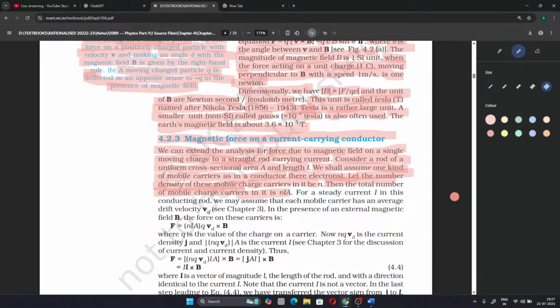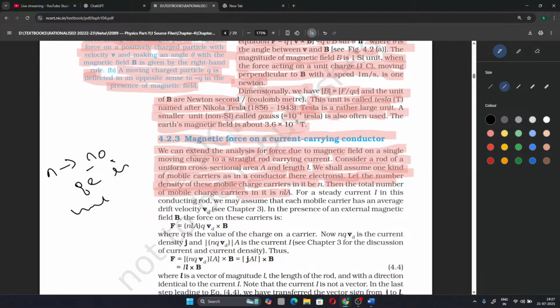nlA. Okay, this n is not the total number of charge, but the number of electrons in a unit volume of conductor.